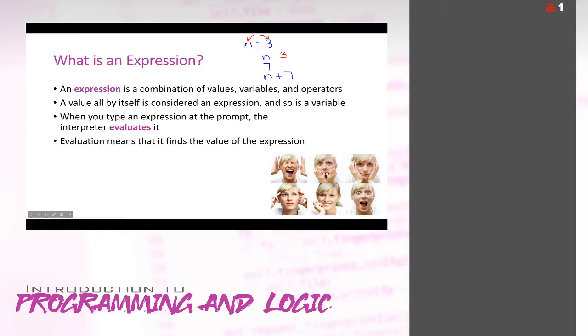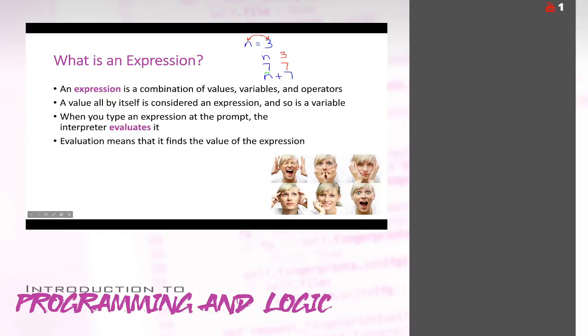Now 7 is just a 7. So it's going to evaluate a value or a number as a number. And then in this combination of variable and value with an operator in the middle, it's going to see n, which is going to evaluate as whatever is in this container. So it's got that symbolic relationship to the value that's inside of the container that is named n. So in this case, it's 3.